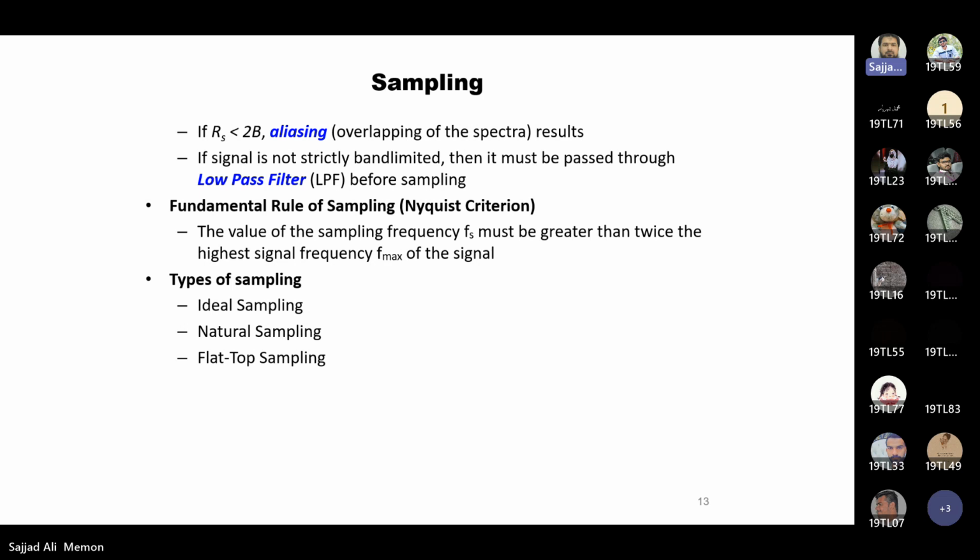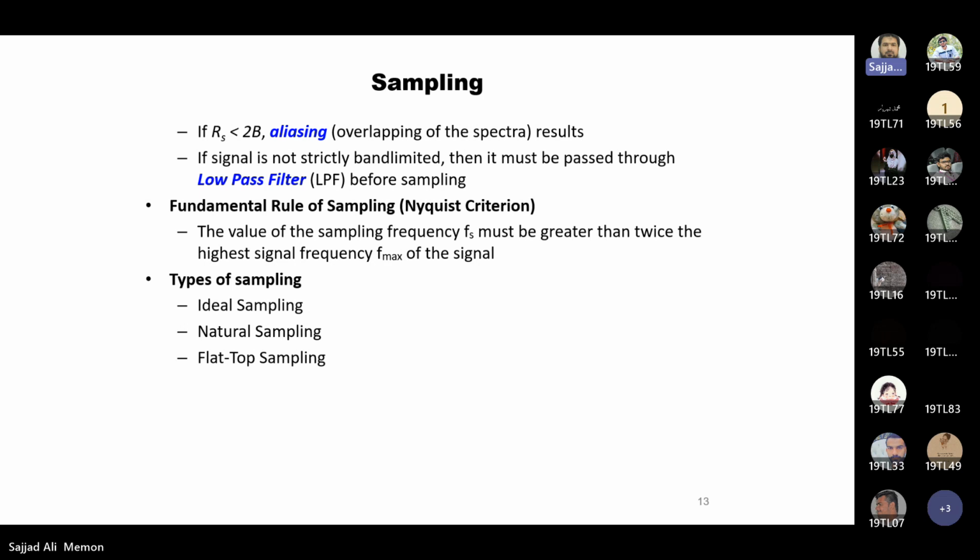So we have a margin of 600 hertz there, in case the low pass filter cutoff frequency goes beyond 3400 hertz, so it will be between 3400 hertz and 4 kilohertz. So actually we are taking a sampling frequency greater than twice the highest frequency component in the analog signal.